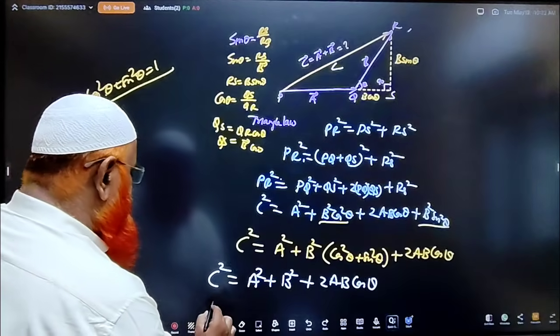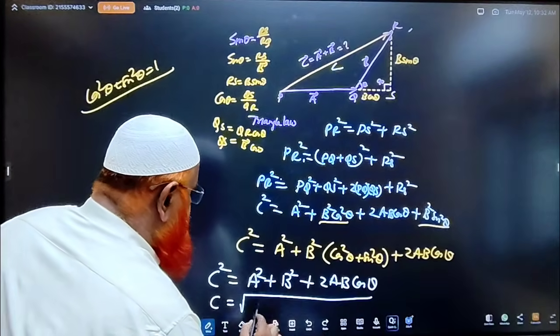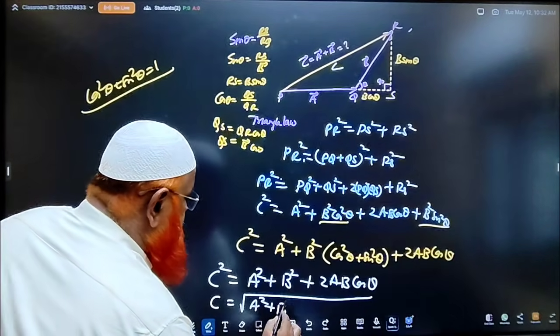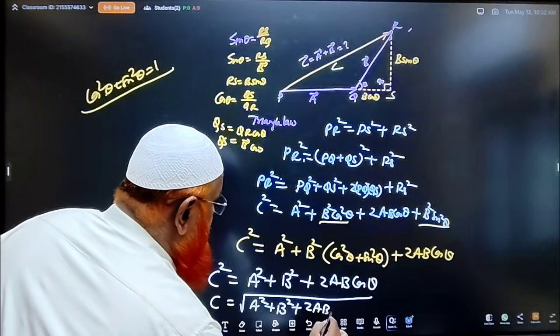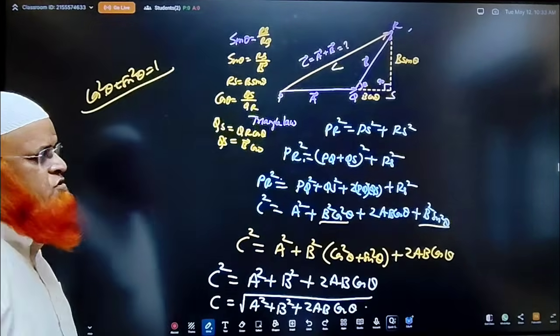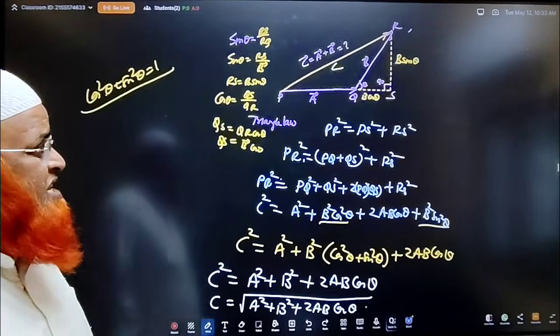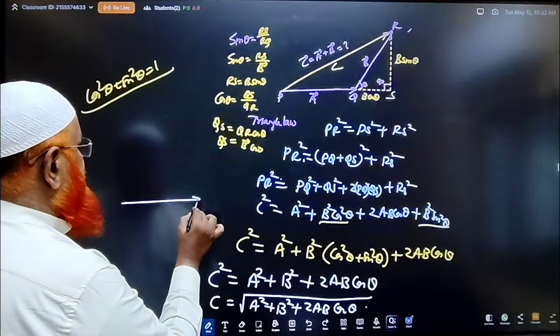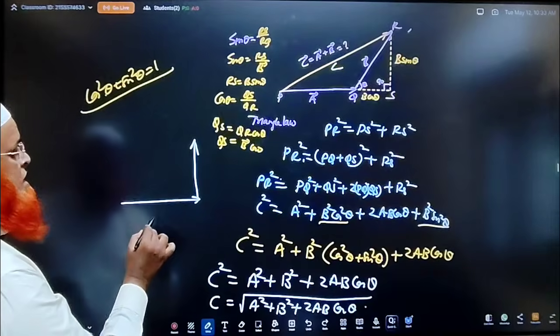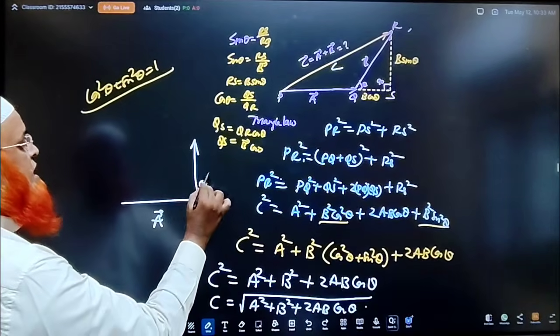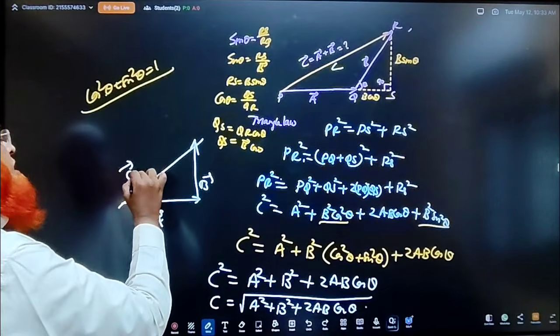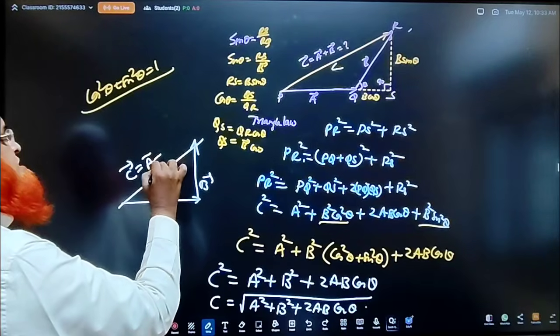So what will you do now? C is equal to square root of a square plus b square plus 2ab cos theta. So this is called the triangle law. Got this? So generally, if this is vector a bar and this is b bar, this is going to be c bar, which is nothing but a bar plus b bar.